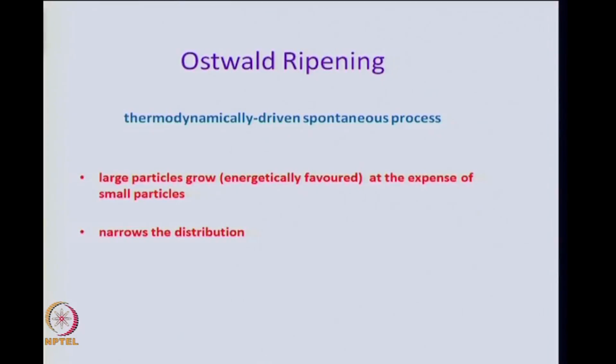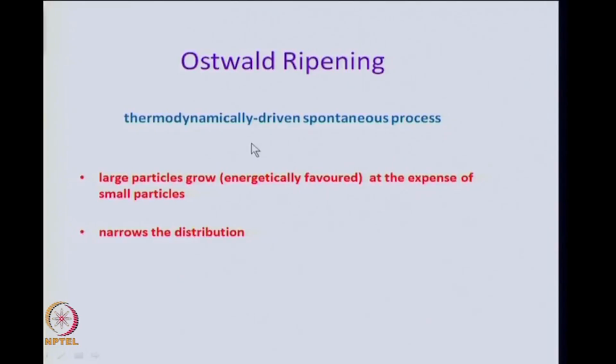They attach themselves to the larger particles, making them even larger, and by this they reduce the surface energy, because smaller particles have more surface energy and so the larger particles are energetically more favored. This is the thermodynamically driven process.